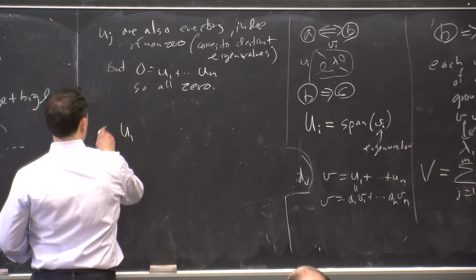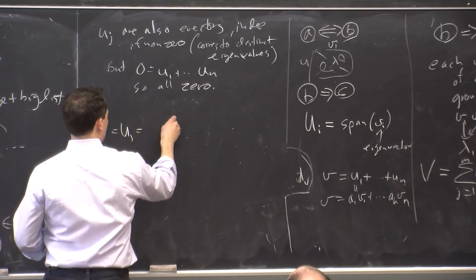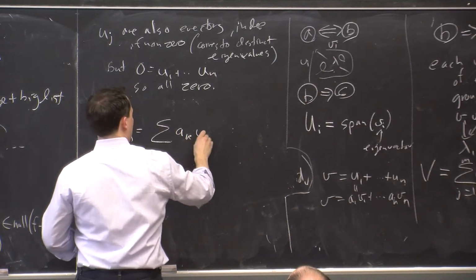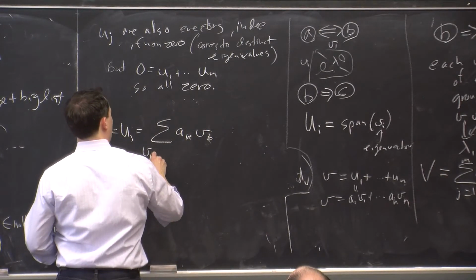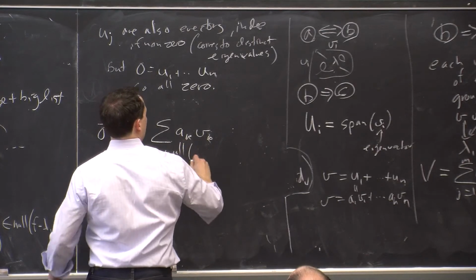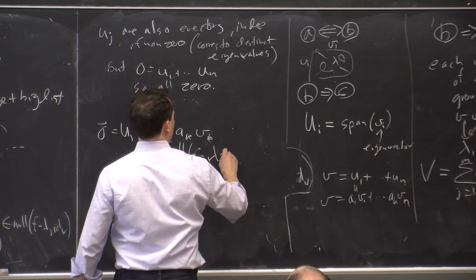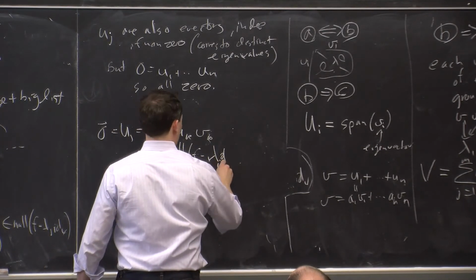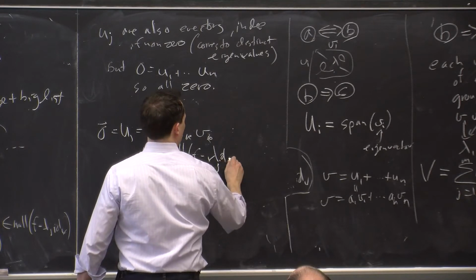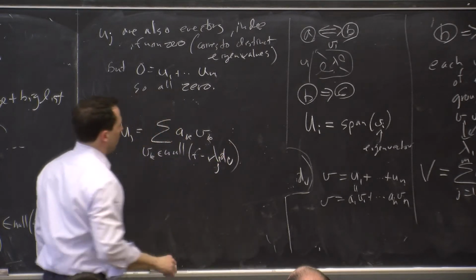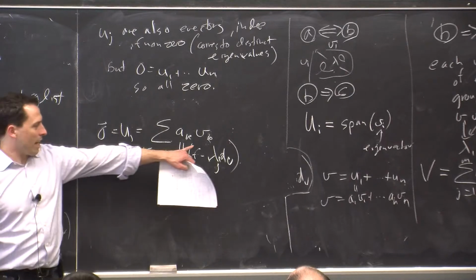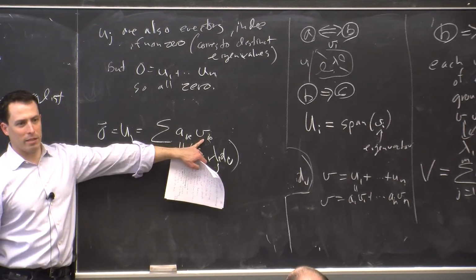Okay, so that means that 0 is equal to uj, which is equal to the sum akvk with vk in the null space of f minus lambda j times the identity of v. But these vk's were already a basis, in particular independent.